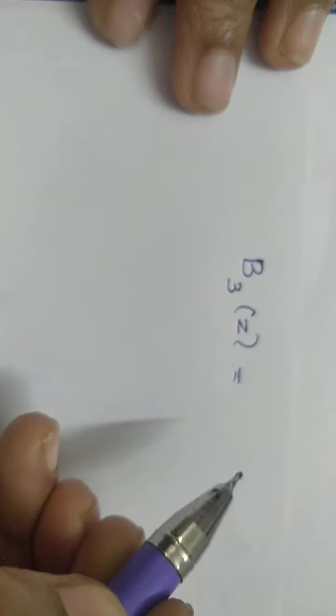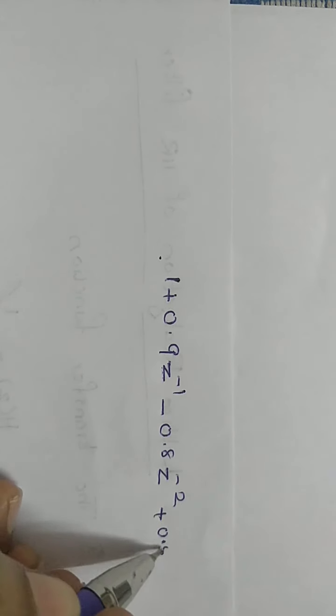B3 of z is nothing but, what is the equation given? The denominator term: 1 plus 0.9 z inverse minus 0.8 z raised to minus 2 plus 0.5 z raised to minus 3. This is the given equation.